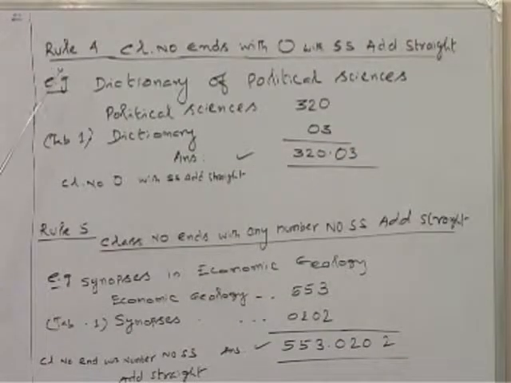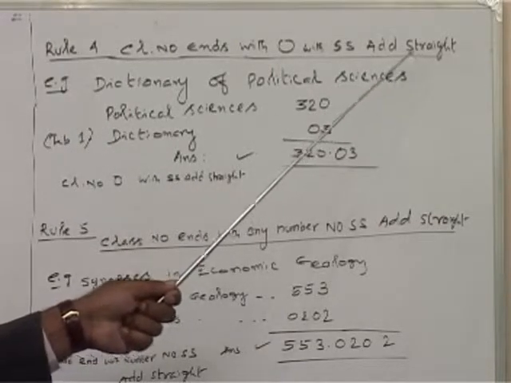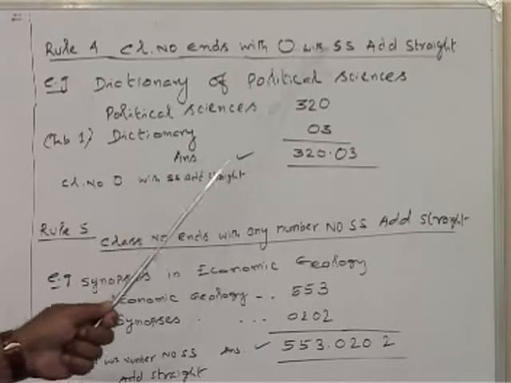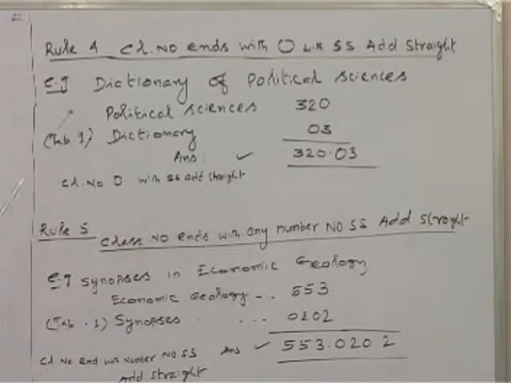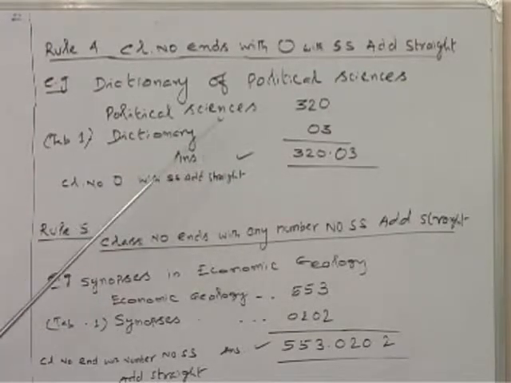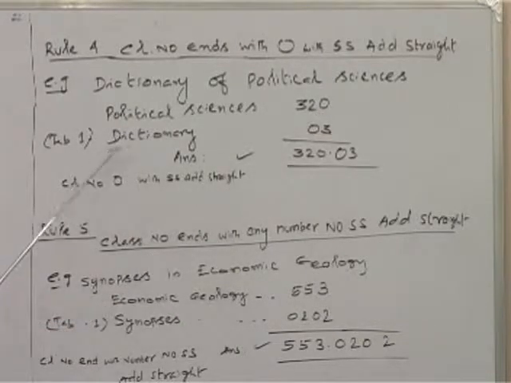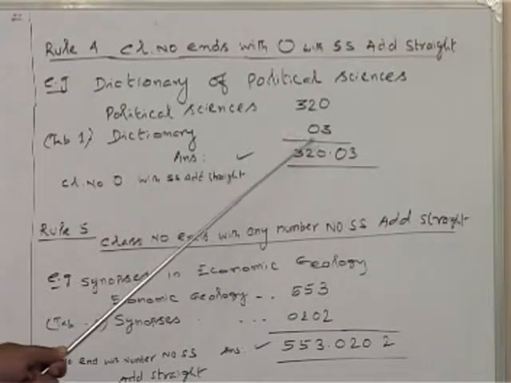Let us go for rule number 4 in table 1. See, class number ends with 0 with the SS instruction, add straight. Now let us see the example, dictionary of political sciences. The subject is political sciences, which we can get from the schedule as 320, ends with 0. Then the dictionary number you can get from table 1 is 03.